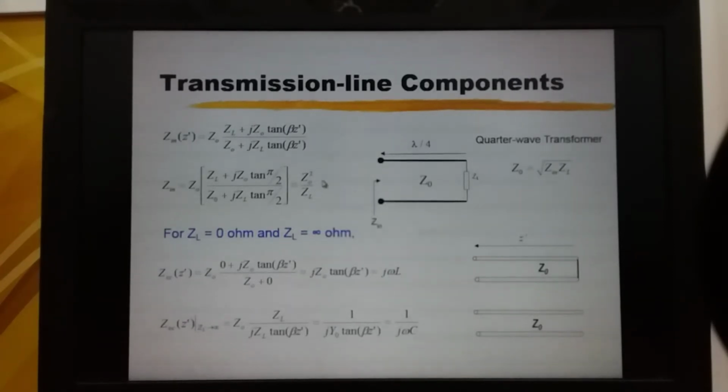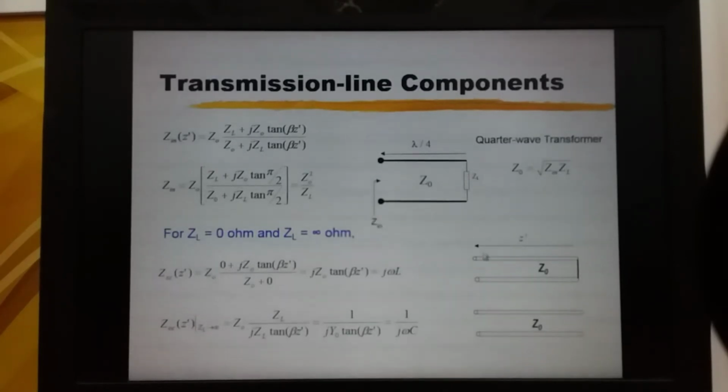Another application of printed transmission line is to construct an inductor or a capacitor. Similarly, based on the equation for input impedance, now this time the length is not quarter wavelength, but any length other than quarter wavelength.